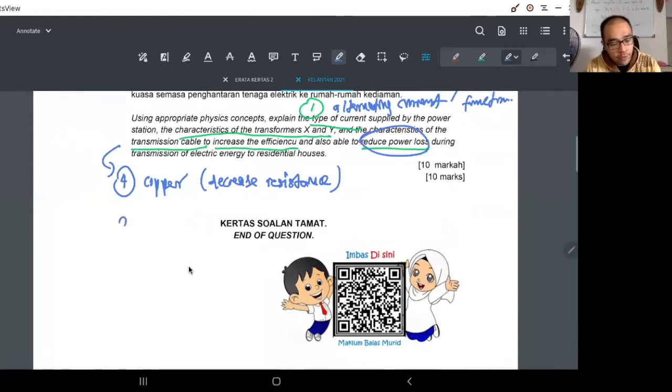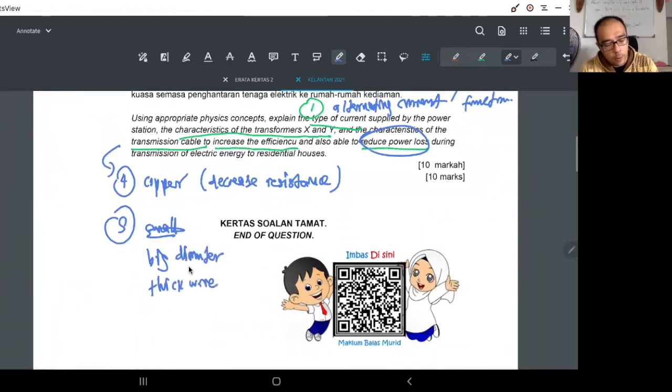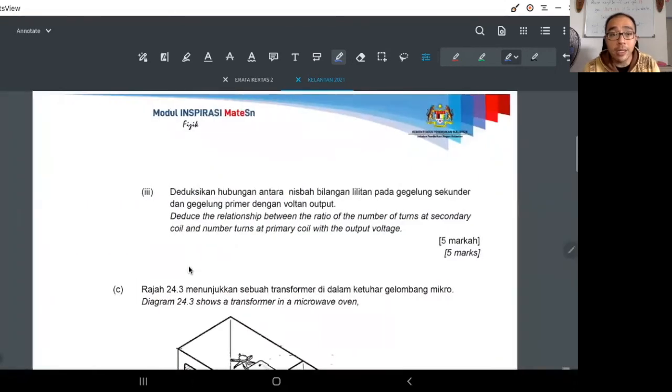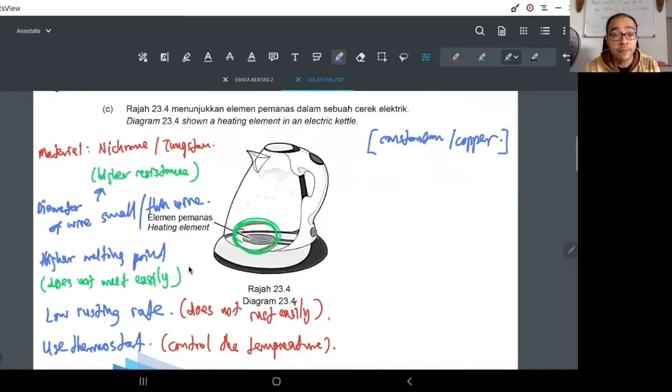Number 5, big diameter, or thick wire. Why thick wire? Also to decrease resistance. It's exactly the opposite of what we did earlier, where we wanted thin wire for high resistance.